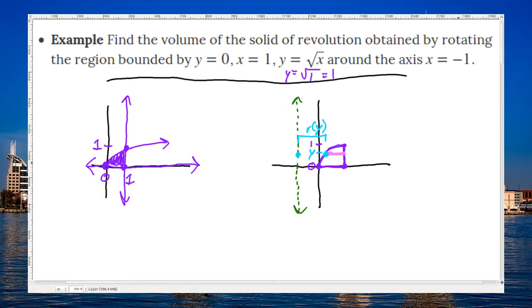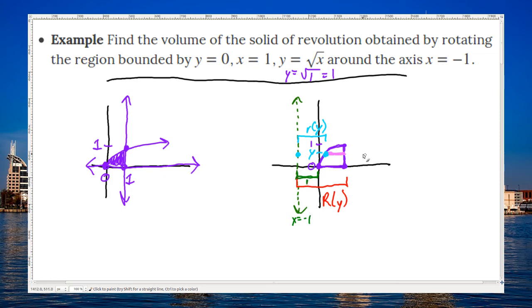My big R of y is this distance from the axis to the outside. Let's start with the big R of y because that's the easiest one to take care of. It's just a simple matter of adding up two numbers, because I know that this distance from the y-axis to the line x equals negative 1 is a horizontal distance from 0 to 1, so it's just 1.